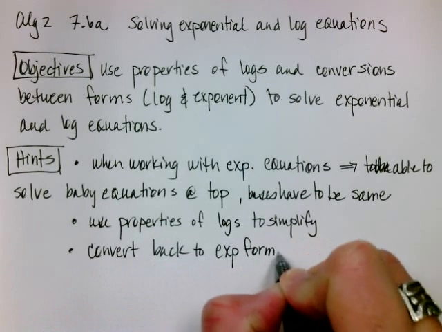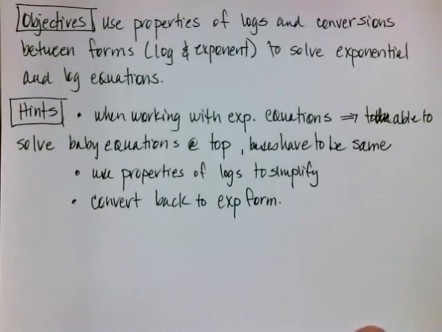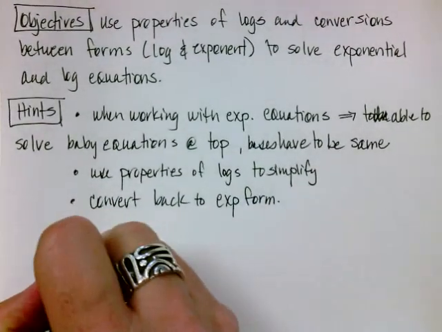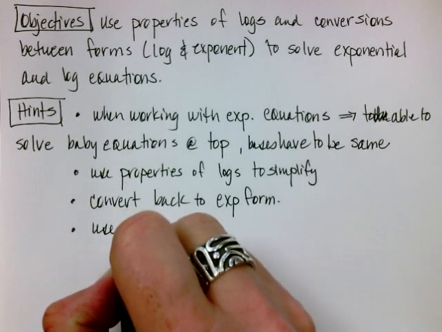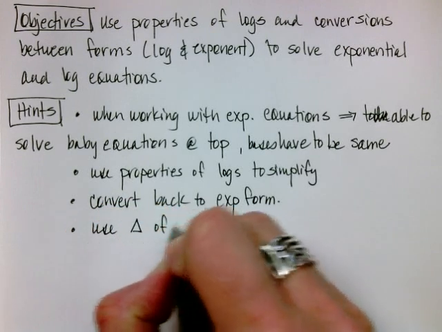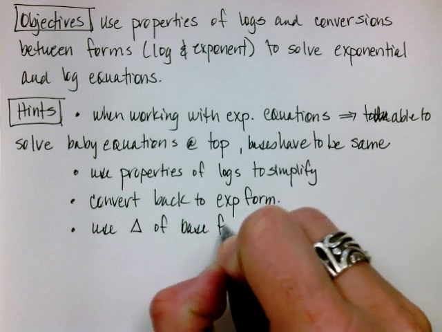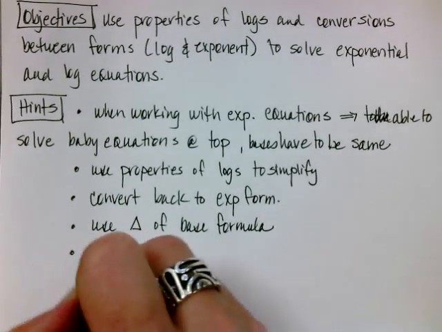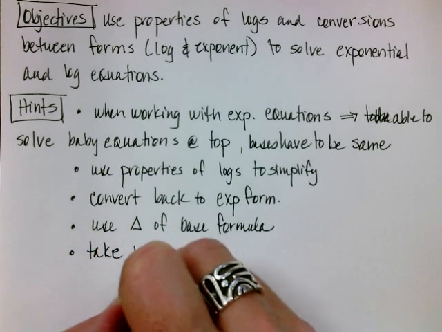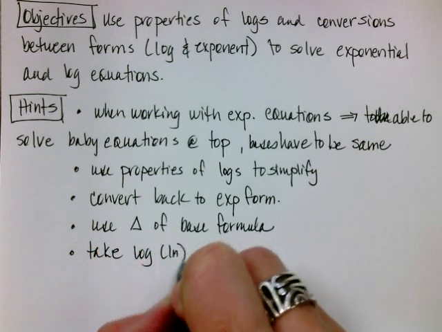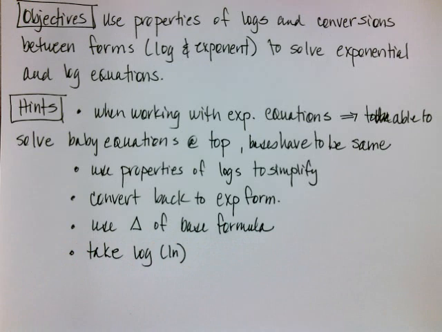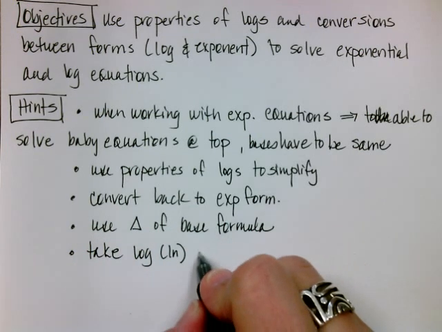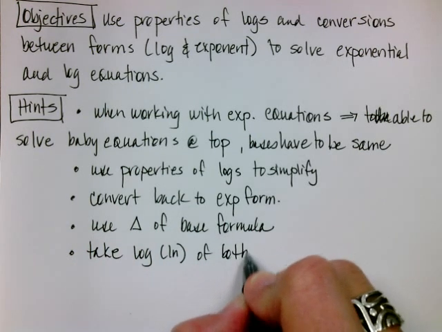That's something that I tend to use quite frequently. You could use your change of base formula. Or you could take the log of both sides. And remember, you could do the natural log. It doesn't matter which log you use, as long as you're consistent. Take the log of both sides.